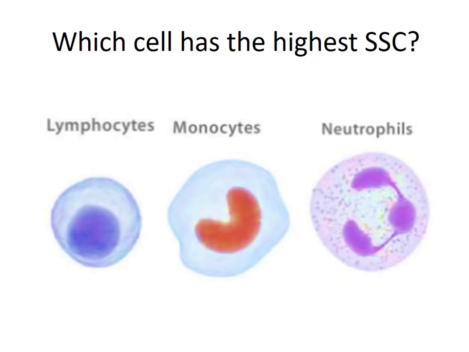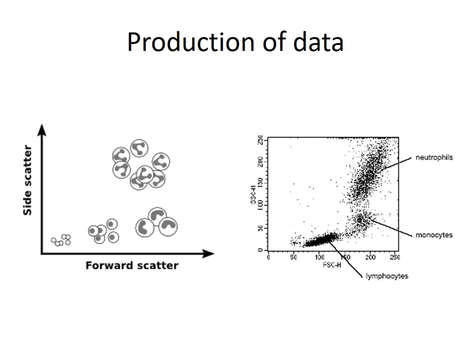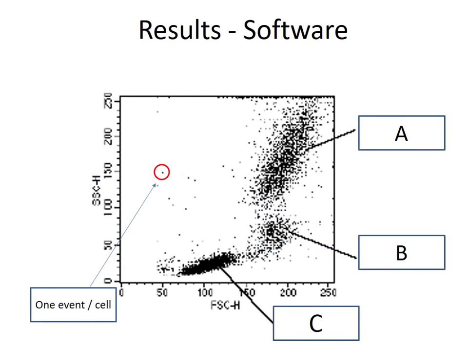So here you have a lymphocyte with very little granules in it, monocytes with very little granules in it, but the neutrophil is filled with granules. So therefore the internal complexity of the neutrophil is very high. So this is what you get.